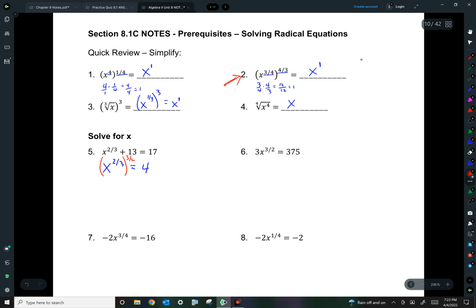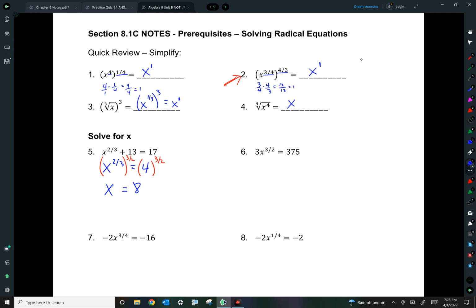The only problem is, whatever you do to one side, you have to do to the other side. Okay, so on the left, the 3/2 and the 2/3 cancel, and I just have x. On the right, this is what we talked about yesterday. The 2 means square root of 4, which is 2, and then 2 to the third power is 8.